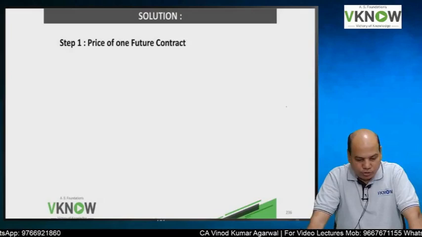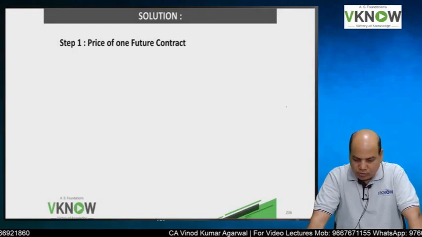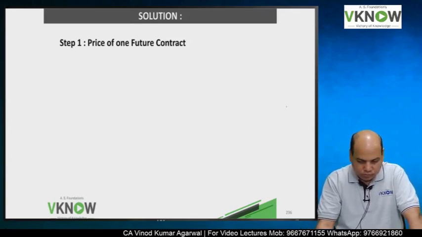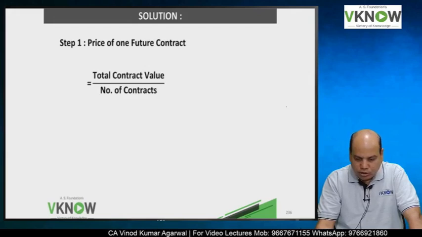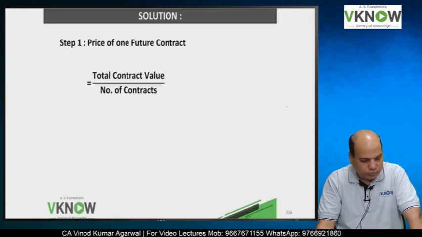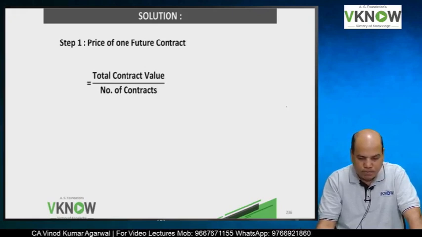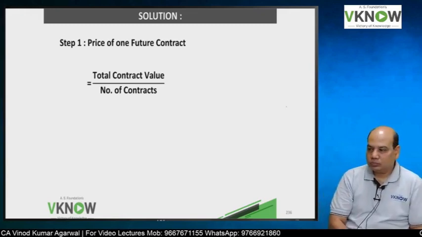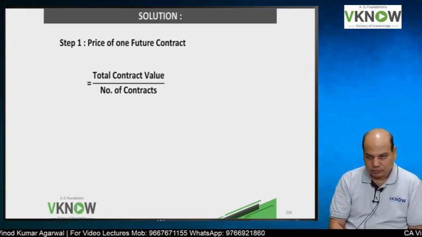Price of one future contract. Total contract value divided by number of contracts.